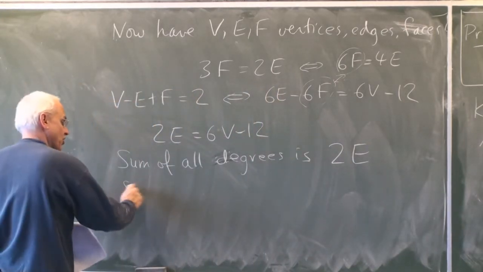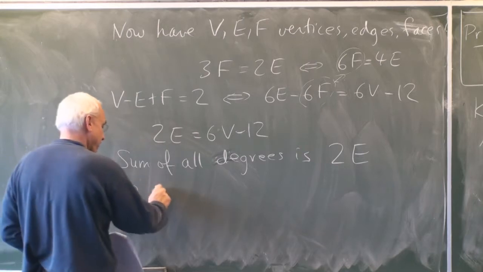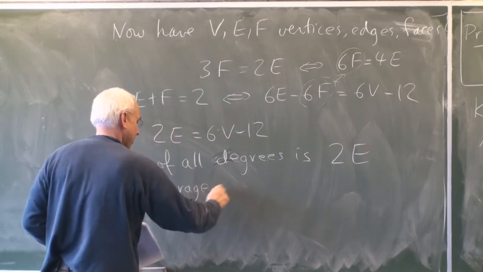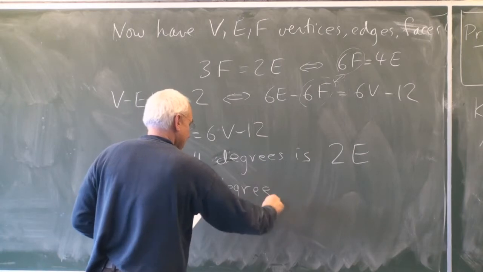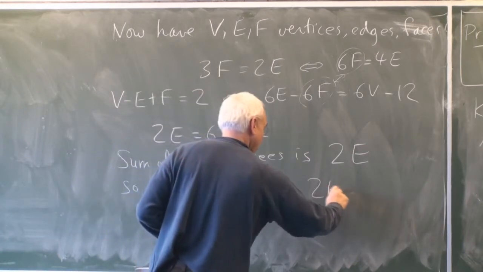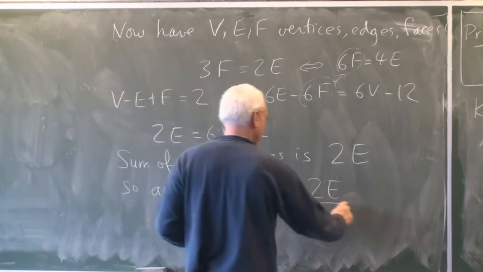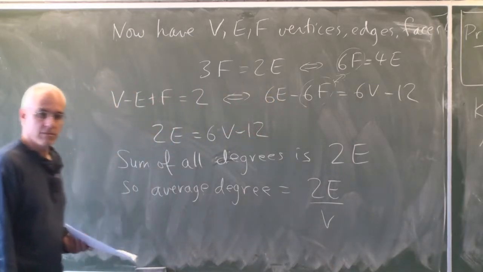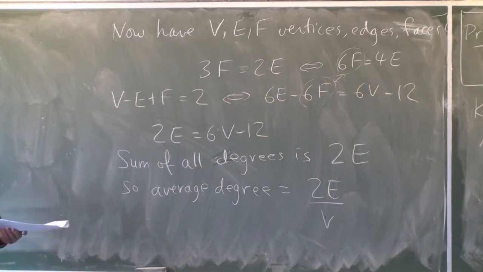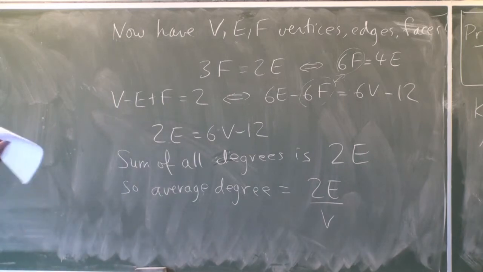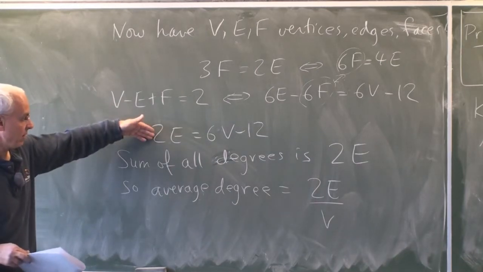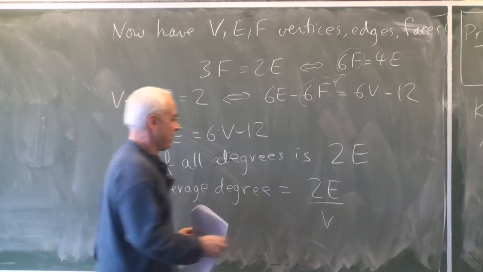So the average degree is going to be the sum of all degrees divided by the number of vertices. I have V vertices. The sum of all these degrees is spread out amongst them rather irregularly, but the average is 2E over V. And according to this formula, that's this divided by V.